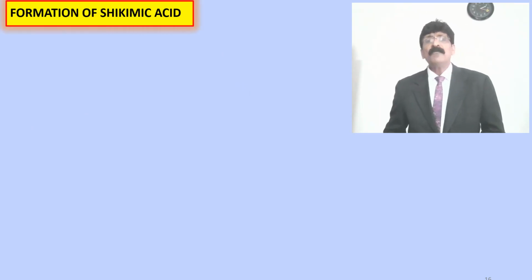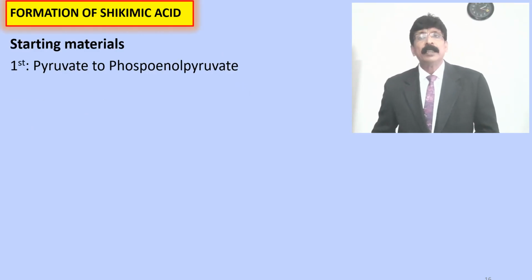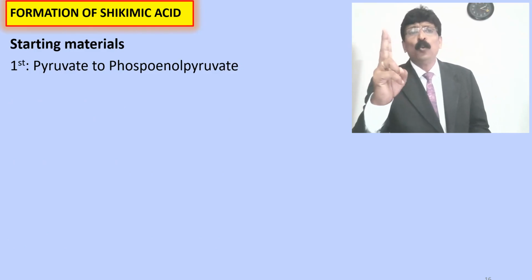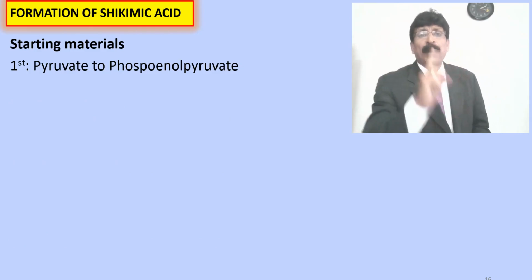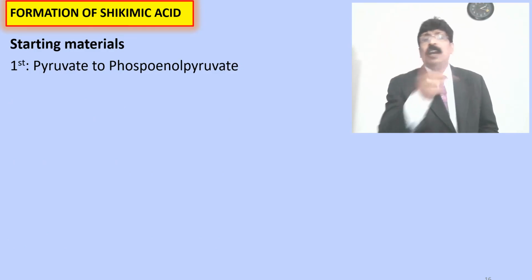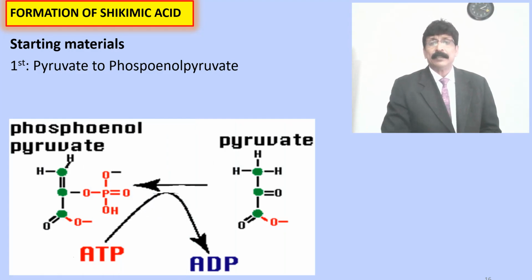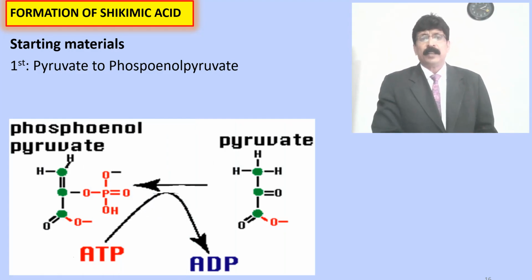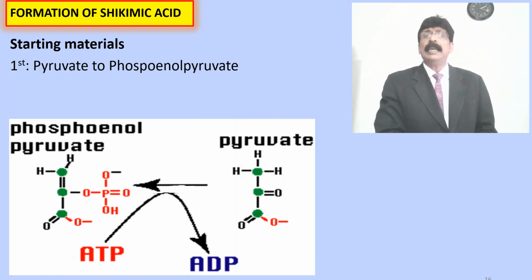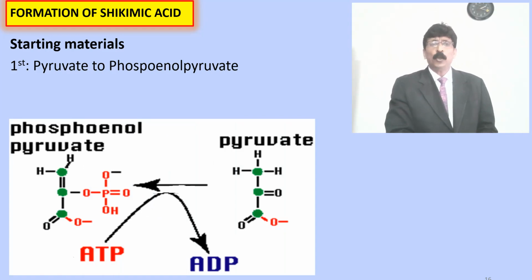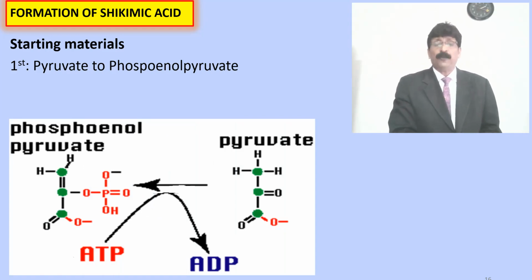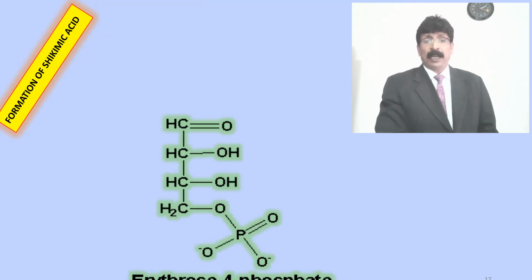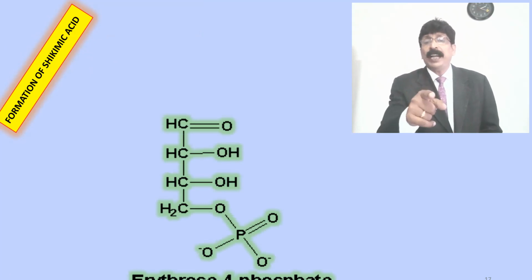Formation of shikimic acid. There are two starting materials. One is pyruvic acid or pyruvate, which is converted into phosphoenol pyruvate by converting ATP to ADP, so a phosphate is connected. The other product you need is erythrose 4-phosphate.